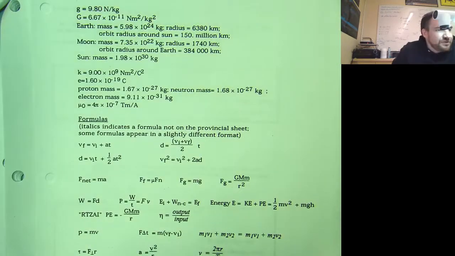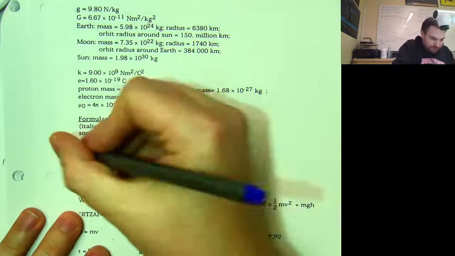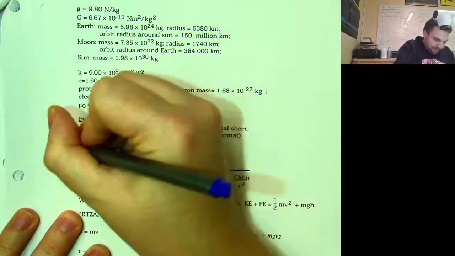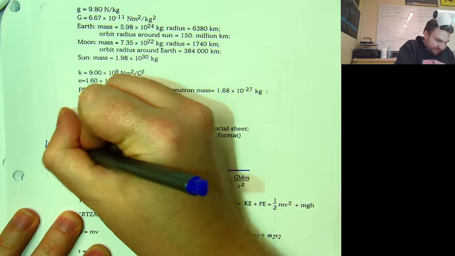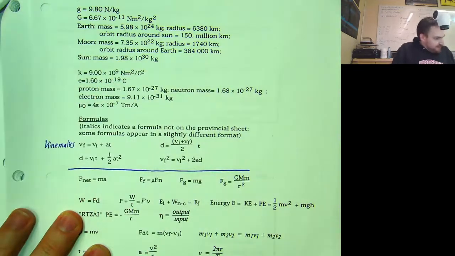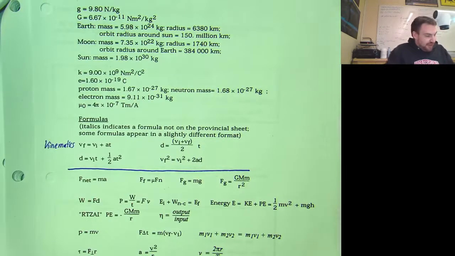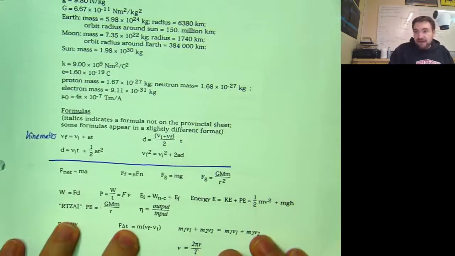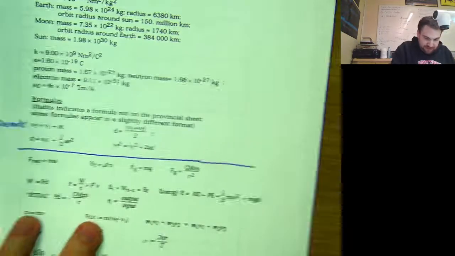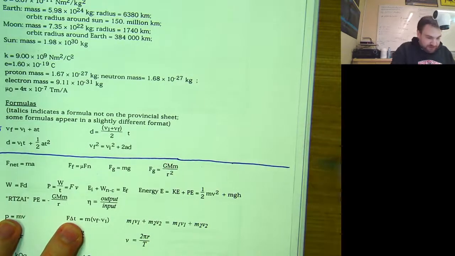So I'm going to start making some notes on here. So hopefully you guys have a paper copy of this. The first thing that we're going to make a note of here is you can see how these things are kind of grouped. We're going to section off here. This is going to be our kinematics section, and we're going to add some stuff to the kinematics section over the course of the next couple lessons.